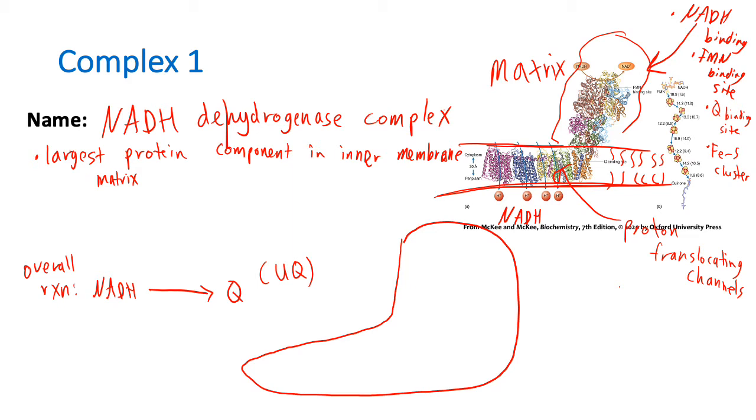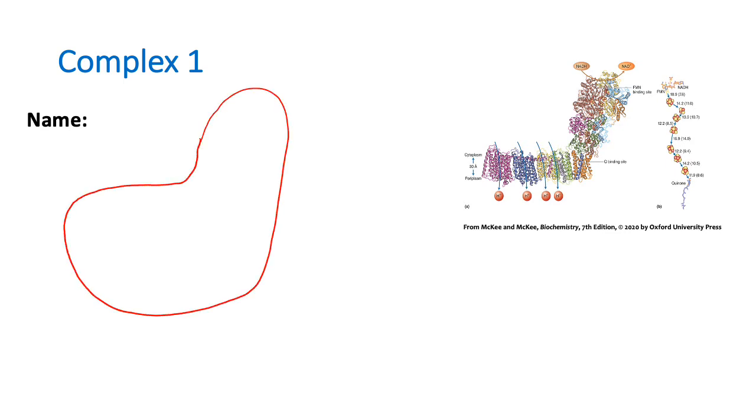Remember, it can get shuttled into the mitochondria using the malate aspartate shuttle I briefly mentioned in the last lecture, or it's a byproduct of the citric acid cycle. And it binds to this particular complex. Sorry, I accidentally slid my finger across the slide, so I decided to just recopy the slide, which is good because I wanted to show you exactly what's going on with this L-shaped complex 1, this NADH dehydrogenase.